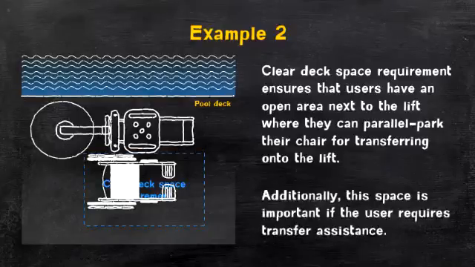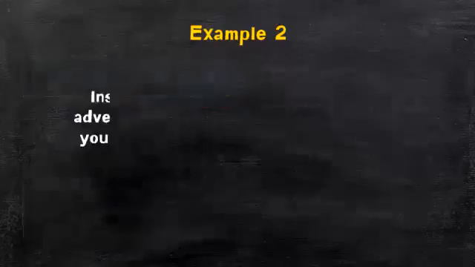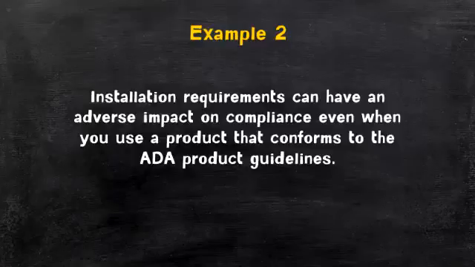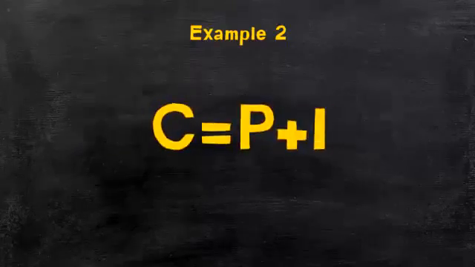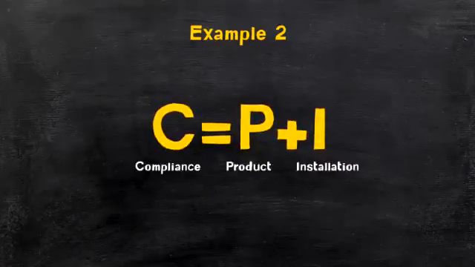Additionally, this space is important if a user requires transfer assistance. As you can see, the installation requirements can have an adverse impact on compliance even when you use a product that conforms to the ADA product guidelines. Remember, both the product and installation requirements must be met in order to be compliant.